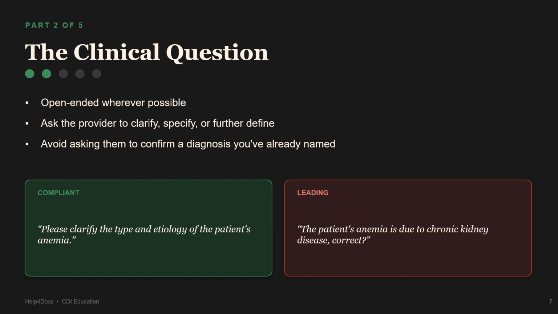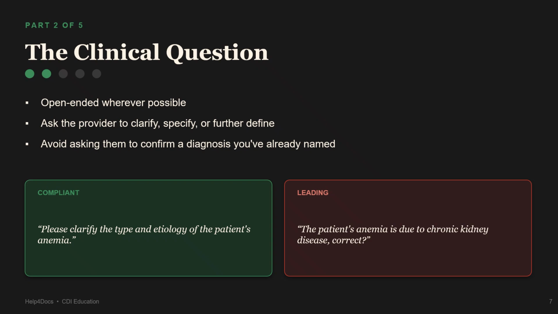If there are a couple of listed diagnoses that are conflicting, then in that case you may create a query where they choose one or the other. But in that case, you probably have two different providers that have made a diagnosis, and you're just trying to determine what the current provider wants to capture.